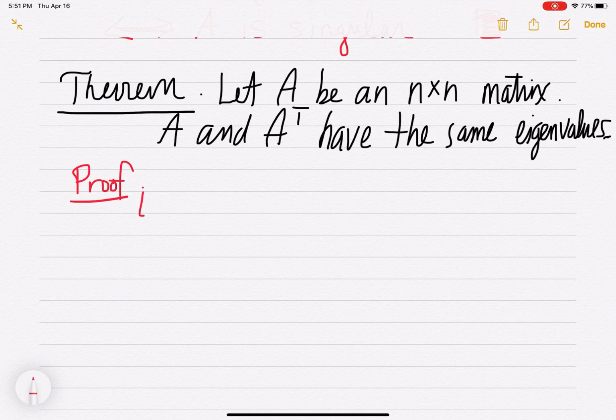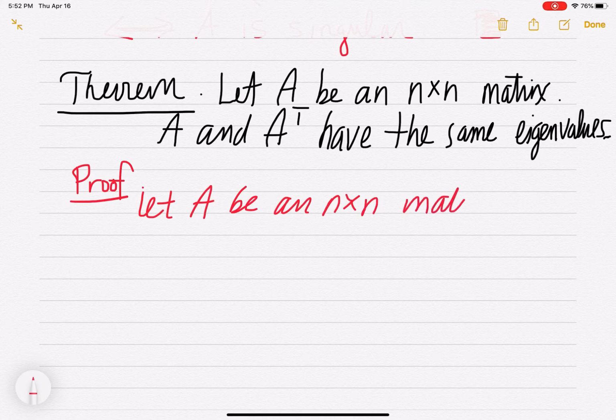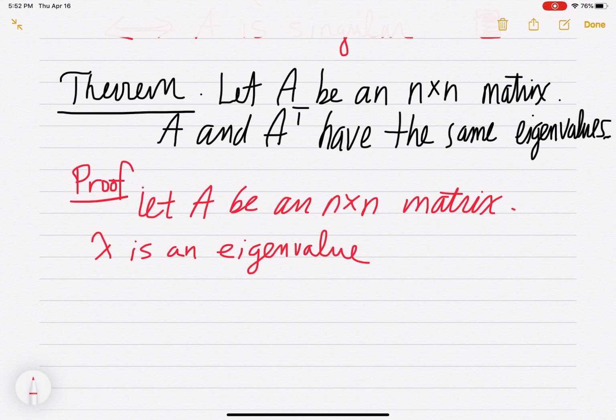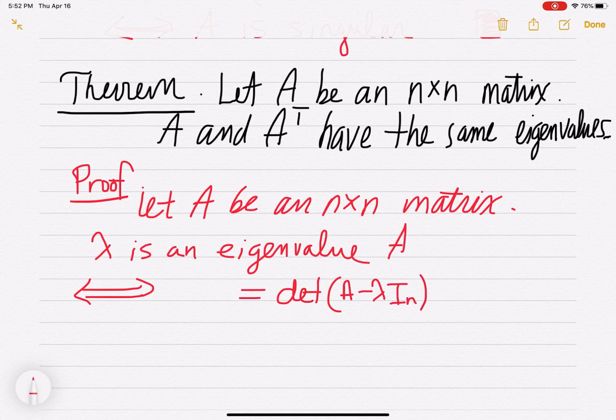Let A be an n by n matrix. Lambda is an eigenvalue of A if and only if the determinant of A minus lambda I equals 0.